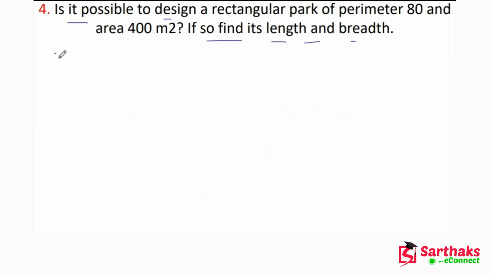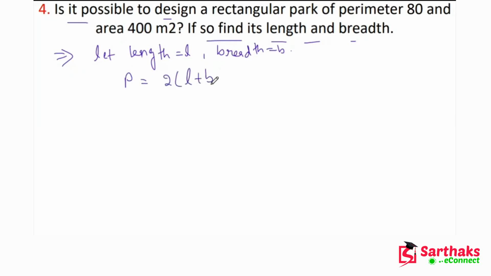First of all, we take the length as L and the breadth as B. We know that the perimeter is 2 into L plus B, and the perimeter is 80 meters. So L plus B equals 40 meters, and the value of B is 40 minus L.